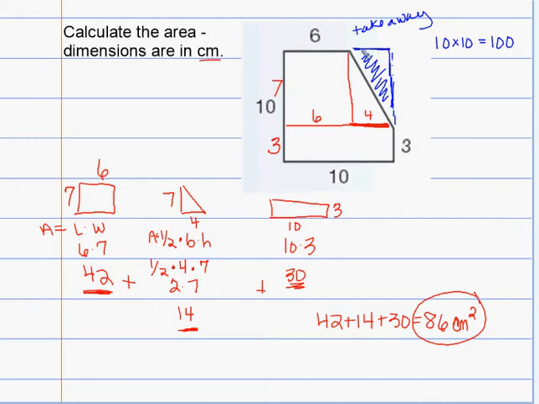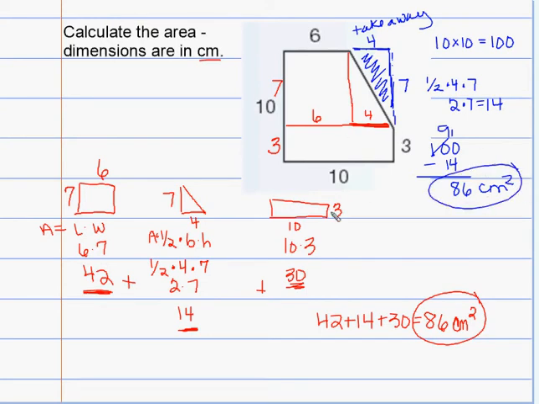So this dimension here would be 4, and this would be 7 to make our 10 by 10 sides. So we'd find the area of that triangle. The triangle area would be 1/2 times 4 times 7. So half of 4 is 2 times 7 is 14. So if we do 100 minus 14, we should get 86 centimeters squared. So that's another way that you could do this problem.